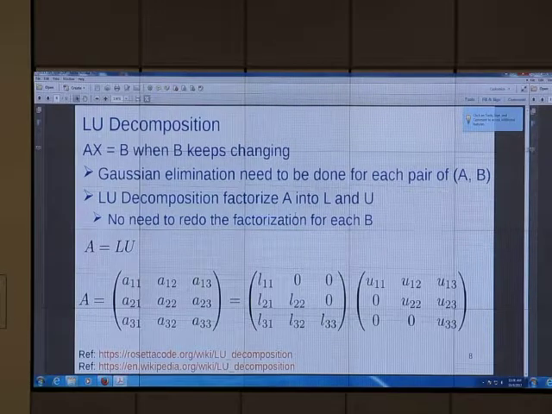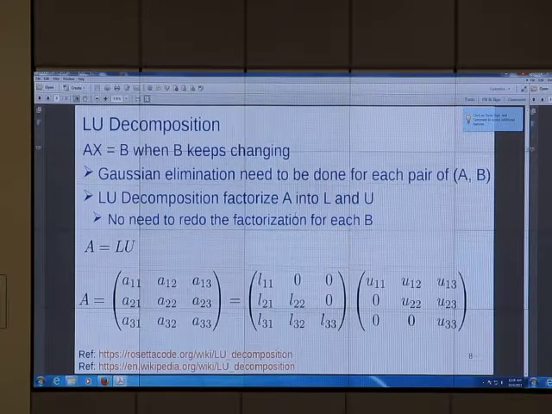So LU decomposition is very powerful. We don't have to redo it when B changes, but for Gaussian elimination, we have to redo it when B changes. This is the main difference that you should know. So if we have one equation, AX equals B to solve, Gaussian elimination and LU decomposition may have similar speed, not that much different.